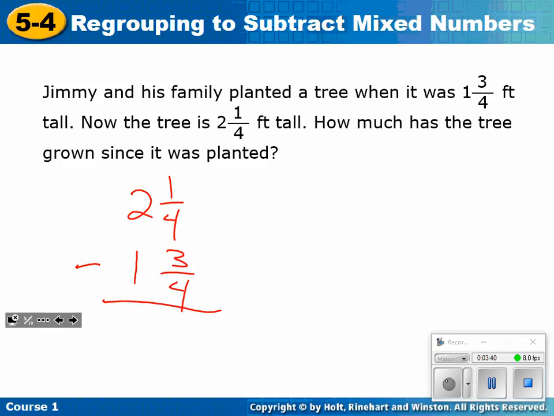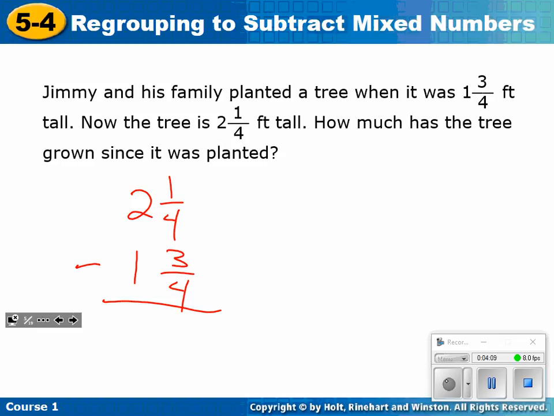Uh-oh. We've got to take 1/4 minus 3/4. We can't do that. So this is the key. I need all of you to really pay attention to this because this sometimes is difficult for 6th graders.